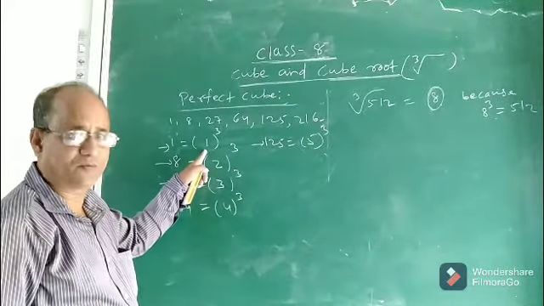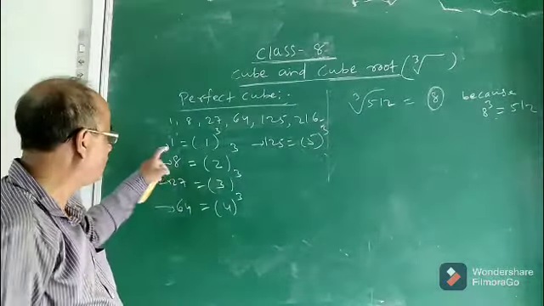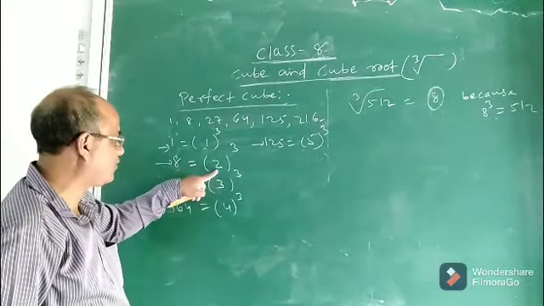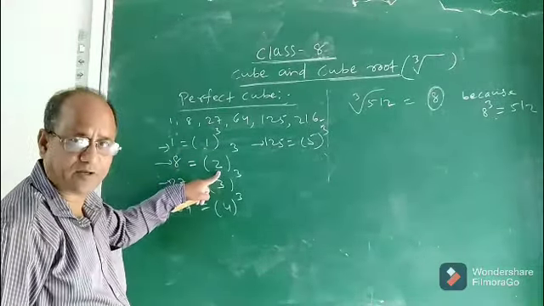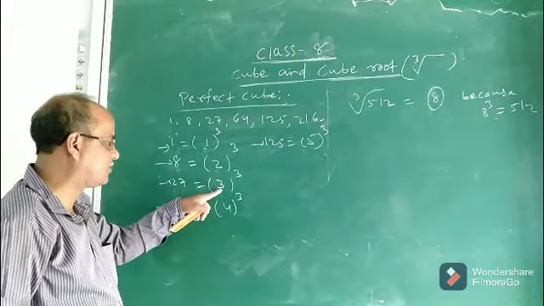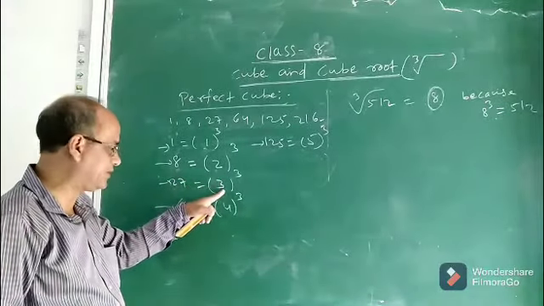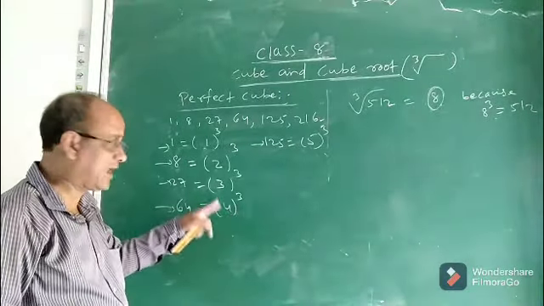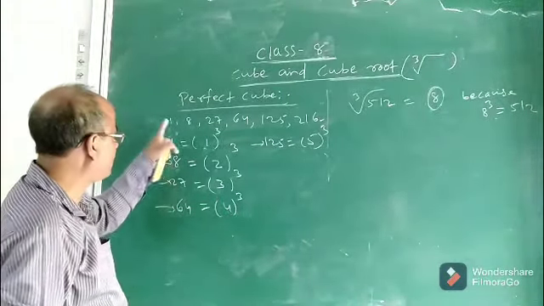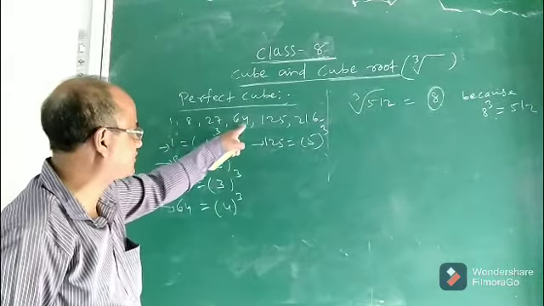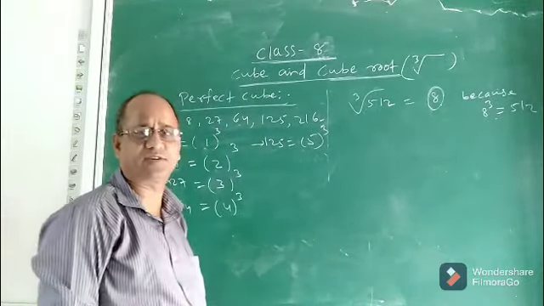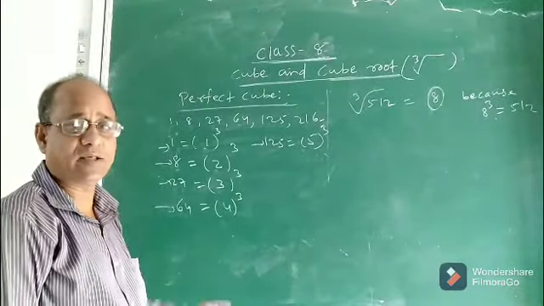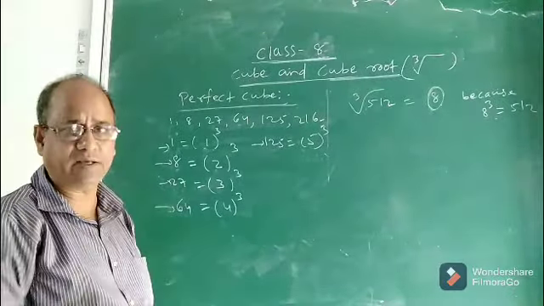They are the cubes of some positive integer. 1 is the cube of 1, which is a positive integer. 8 is the cube of 2, 27 is the cube of 3, and 64 is the cube of 4, all positive integers. That means all these numbers 1, 8, 27, 64, 125, 216, etc. are cubes of some positive integers.